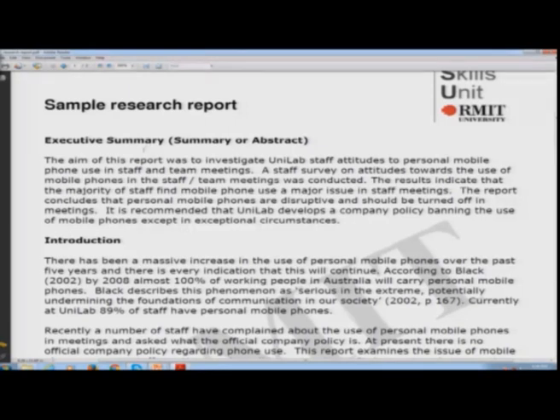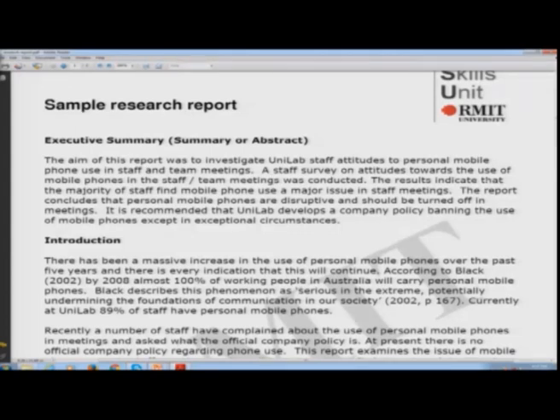Executive summary. The aim of this report was to investigate Unilab staff attitudes to personal mobile phone use in staff and team meetings. A staff survey on attitudes towards the use of mobile phones in the staff team meetings was conducted.